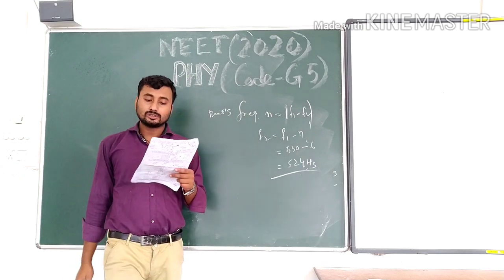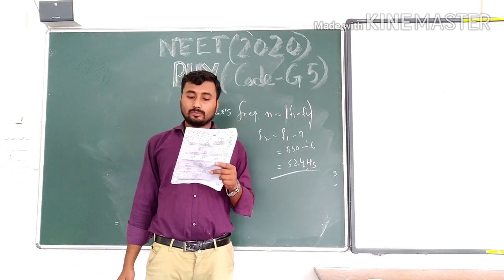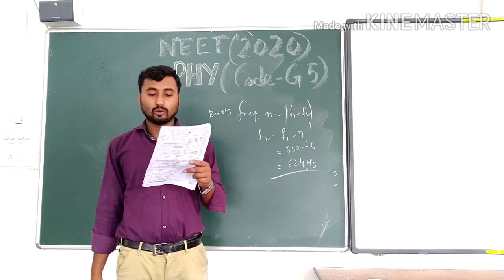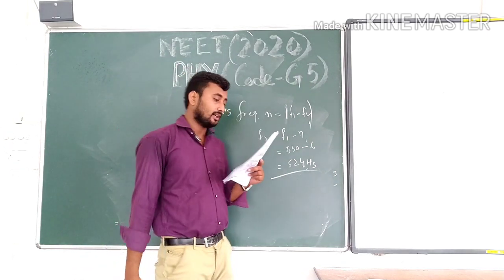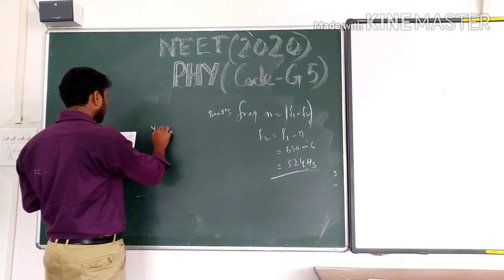Next, the color code of a resistance is given below: yellow, violet, brown, gold. The values of resistance and tolerance respectively are.